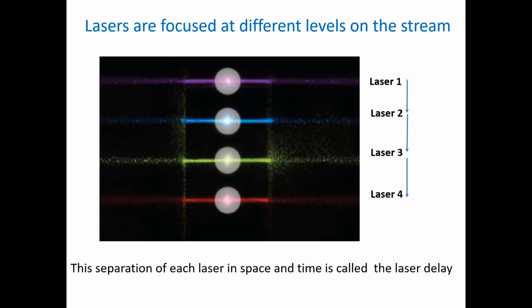The interval between when it passes the first laser and the next laser is called the laser delay. In this case, the cell passes laser 1 at time 0, laser 2 at its laser delay, which is 25 microseconds, then laser 3 at a laser delay of 65 microseconds, and laser 4 at 105 microseconds after the first laser.